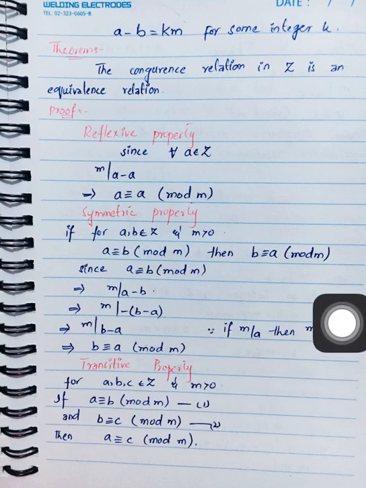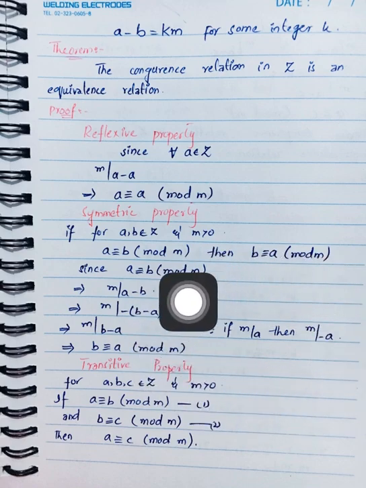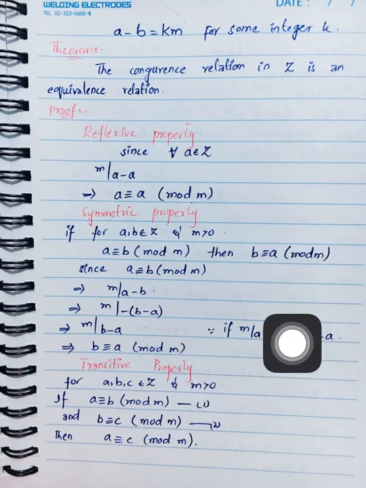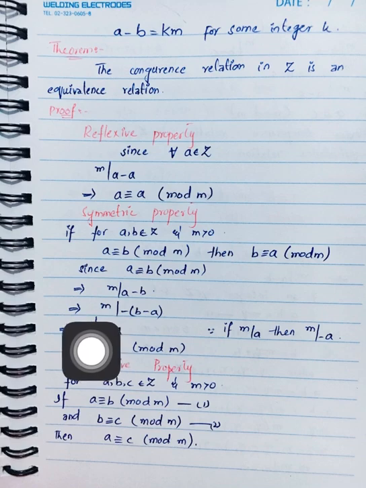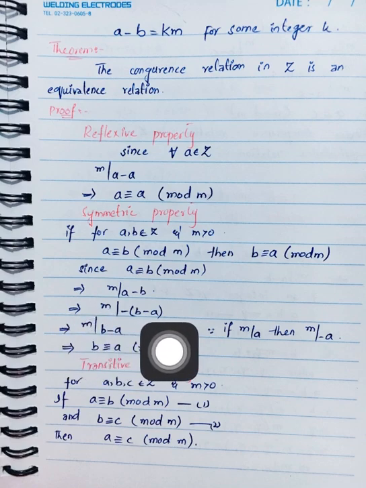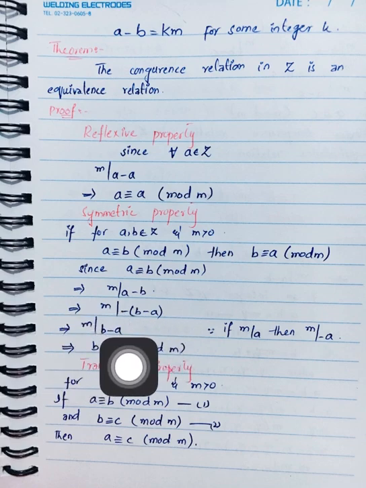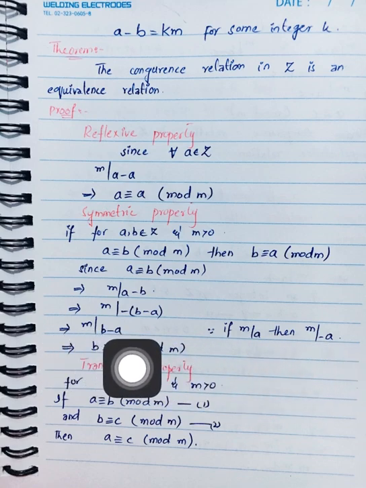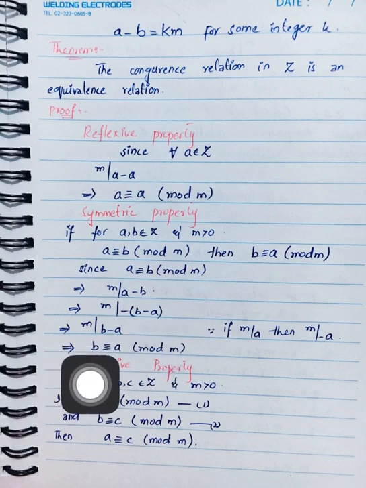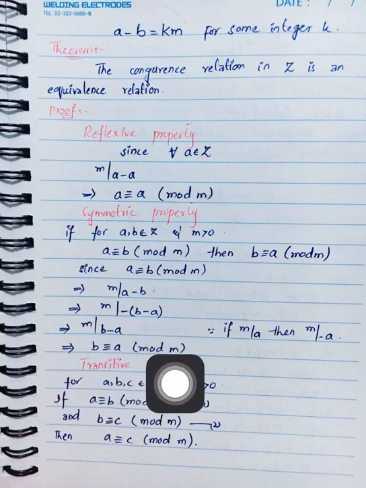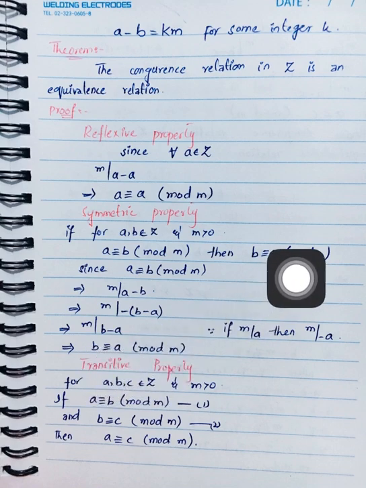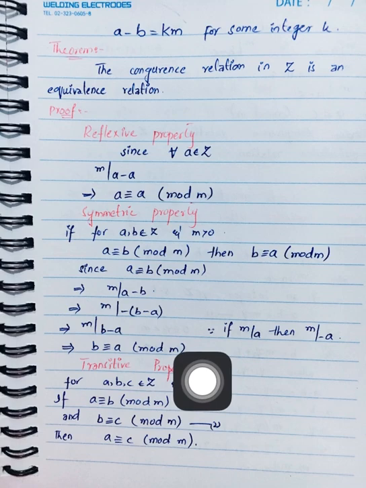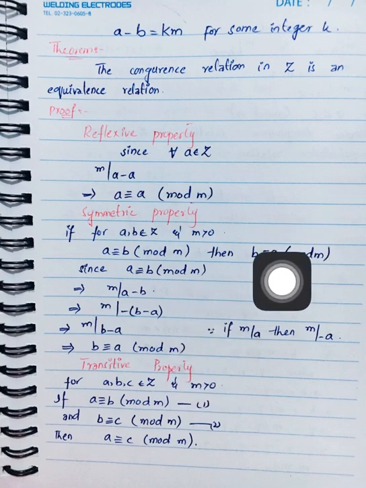We previously discussed in the properties of divisibility that if m divides a, then m divides minus a. So m divides b minus a. By using this property, I can say that m divides b minus a. This implies b is congruent to a modulo m. So if a is congruent to b, then b is congruent to a in modulo m. So this property is also satisfied.